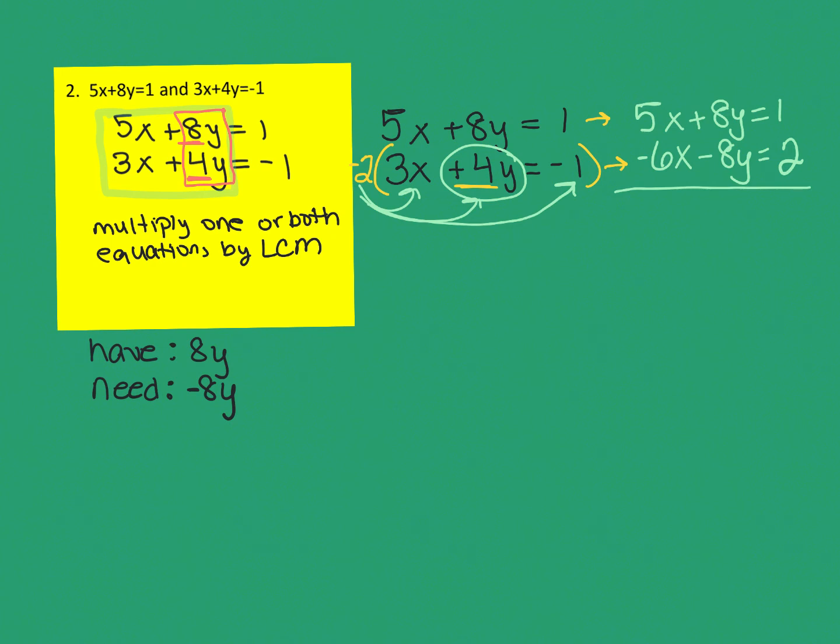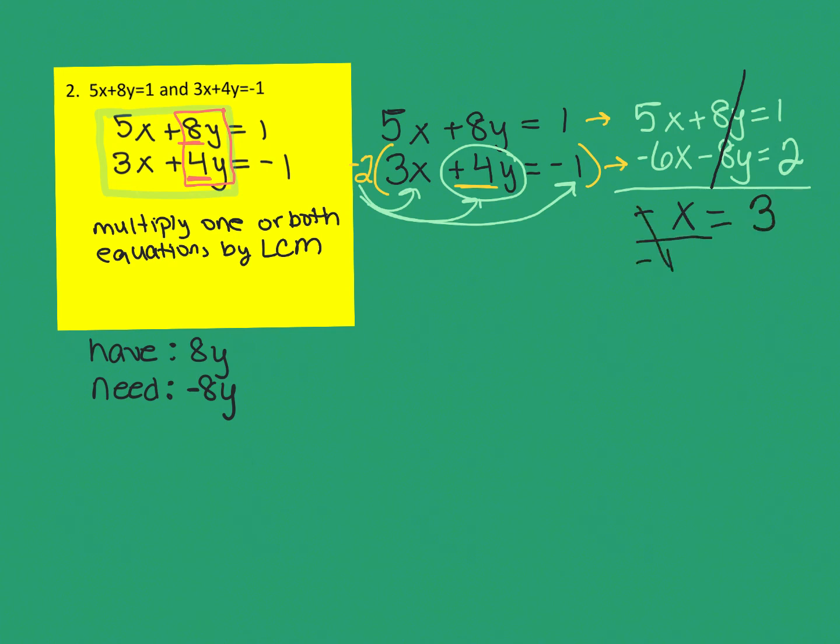So 5x plus a negative 6x is a negative 1x. 8y plus negative 8y eliminates. 1 plus 2 is 3.